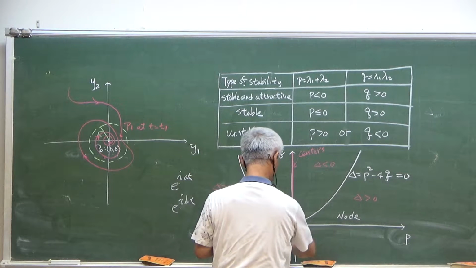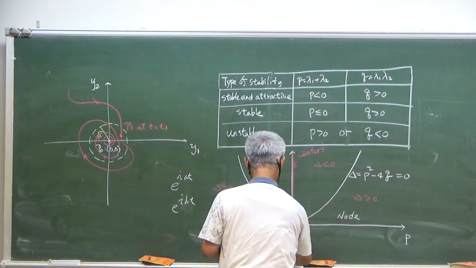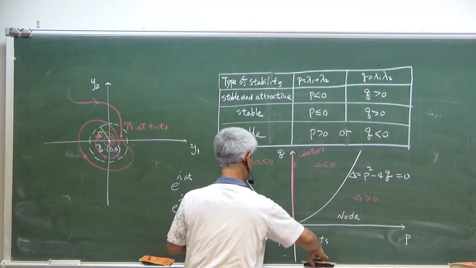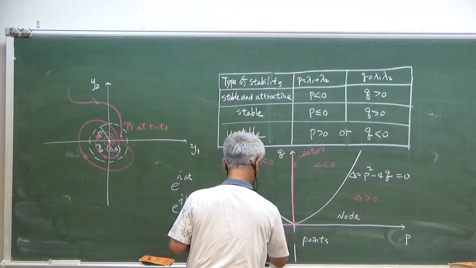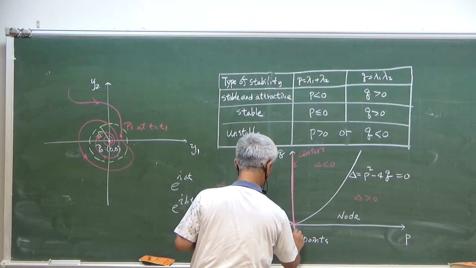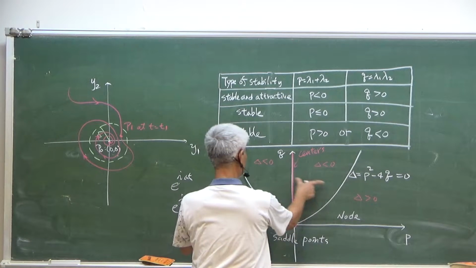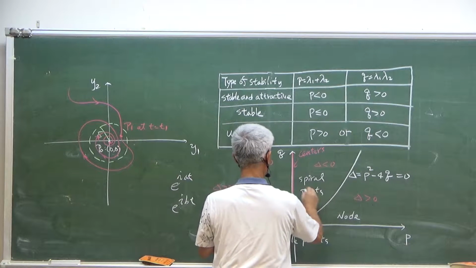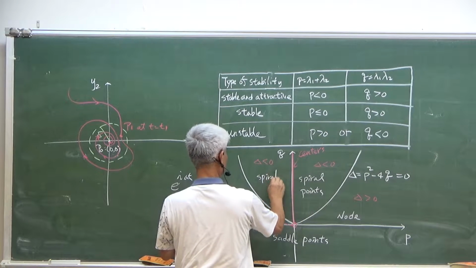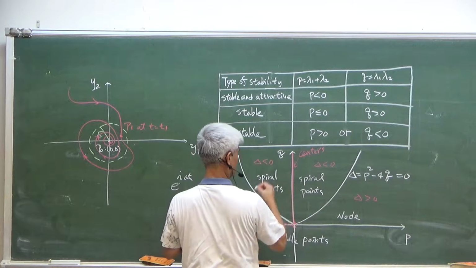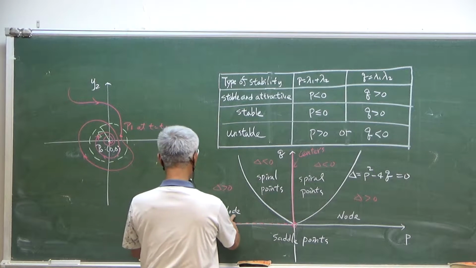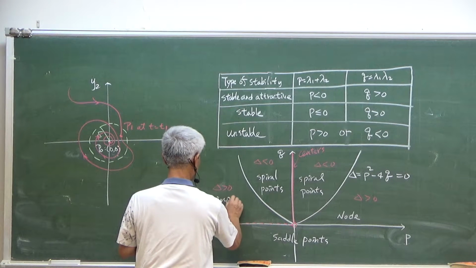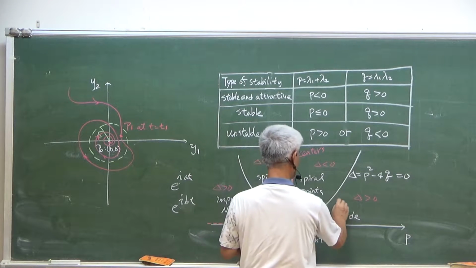And downside here, you have a saddle point. Sorry, you have a saddle point around here, and in this region, you have spiral point. Okay? And the nodes here are all improper nodes. And here you have proper node.